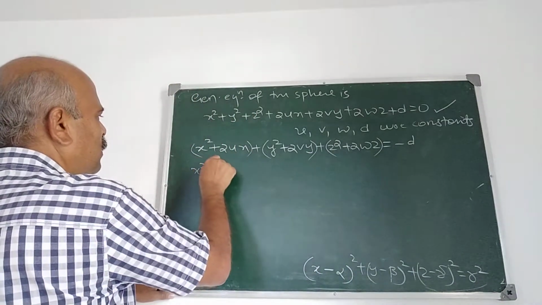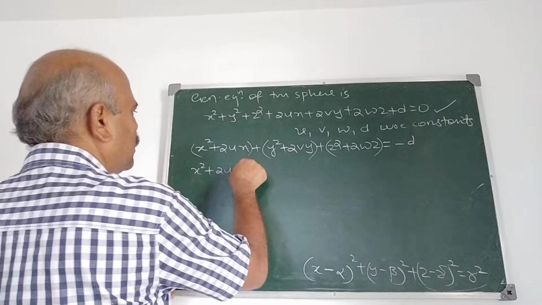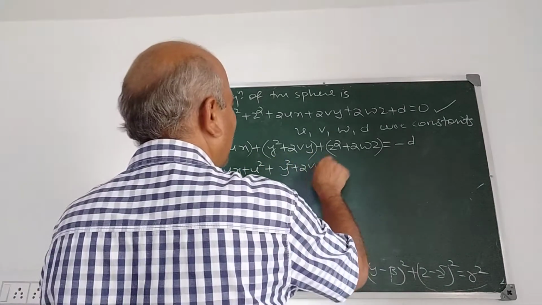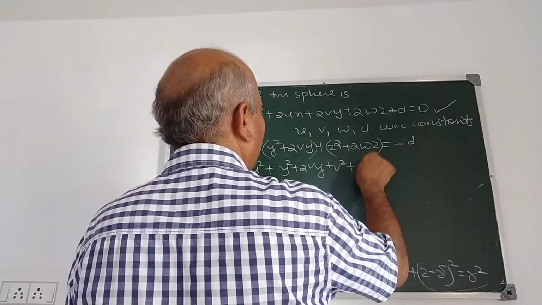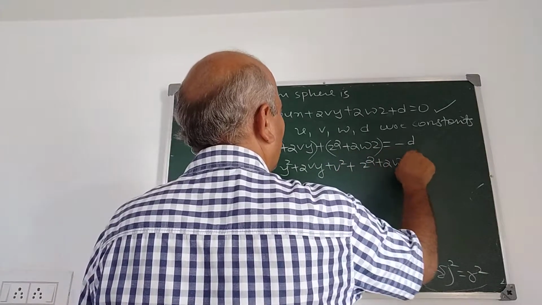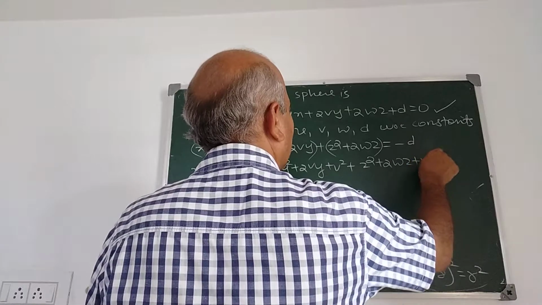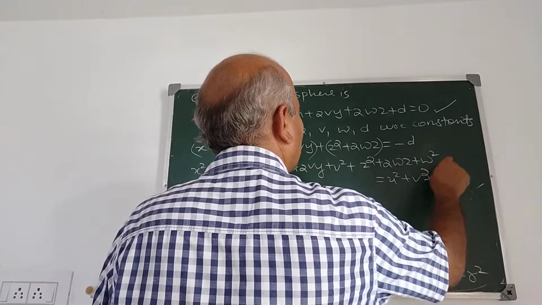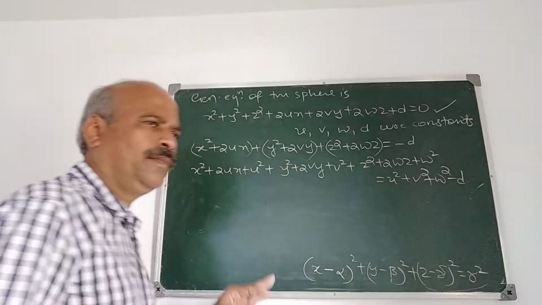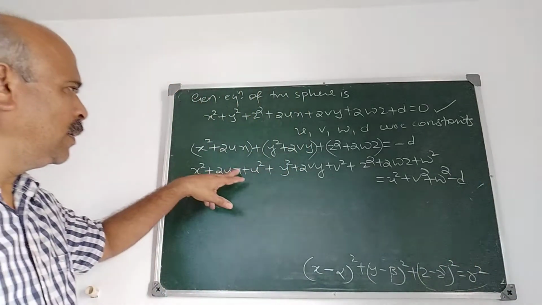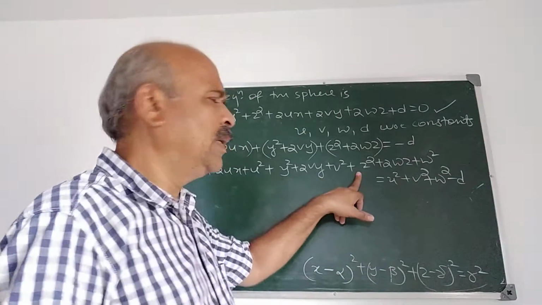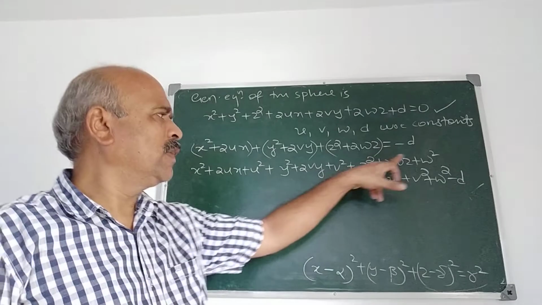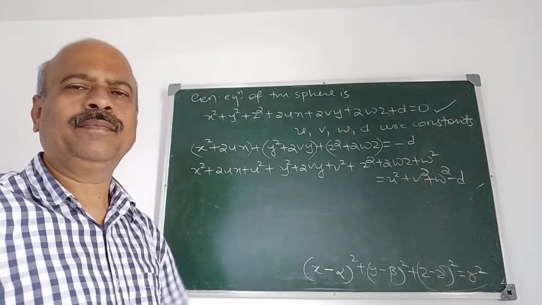How to make a whole square? x² + 2ux + u², y² + 2vy + v², z² + 2wz + w² = u² + v² + w² - d. What I have done in this step is added u² + v² + w² to both sides.